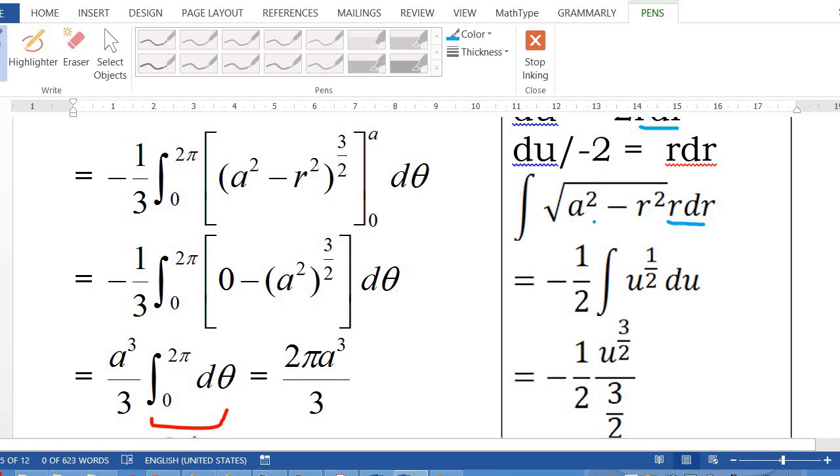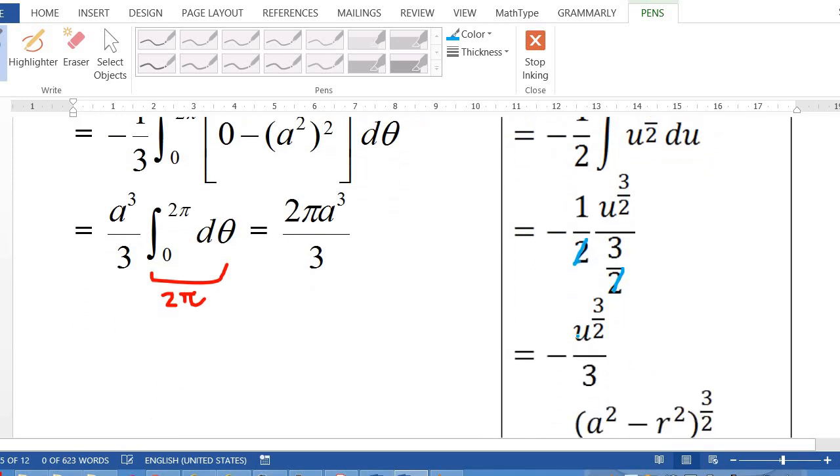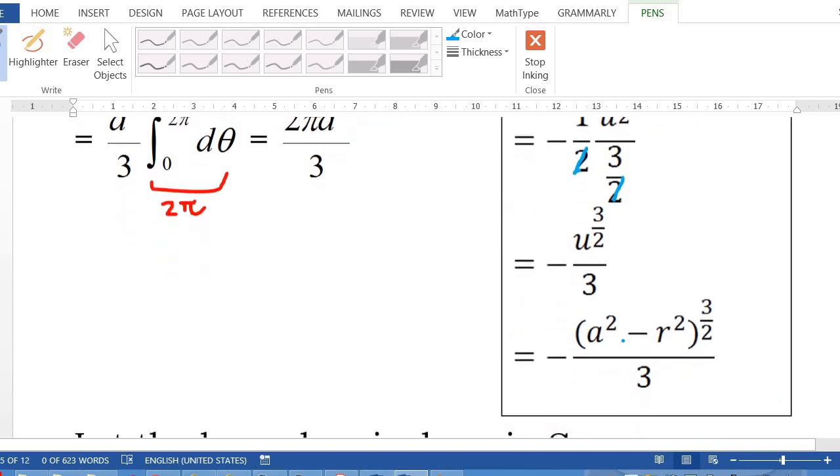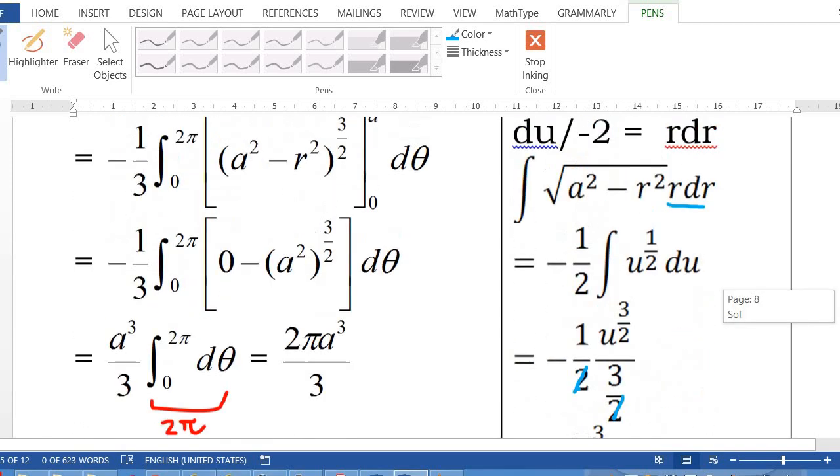The square root of a squared minus r squared becomes u power half. Integrating u power half gives u power 3 over 2 divided by 3 over 2. So you cancel the 2 here, and it becomes negative u power 3 over 2 divided by 3. Replace back u as a squared minus r squared.